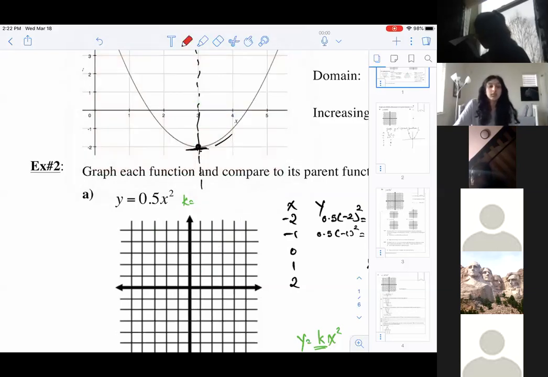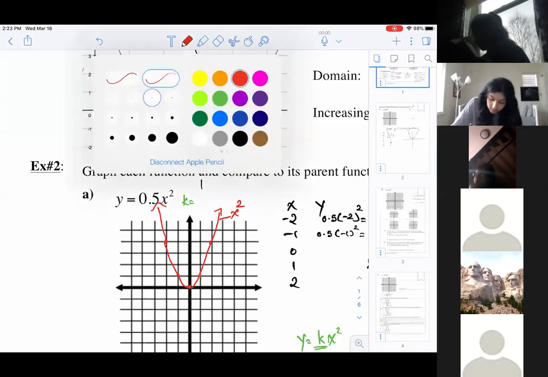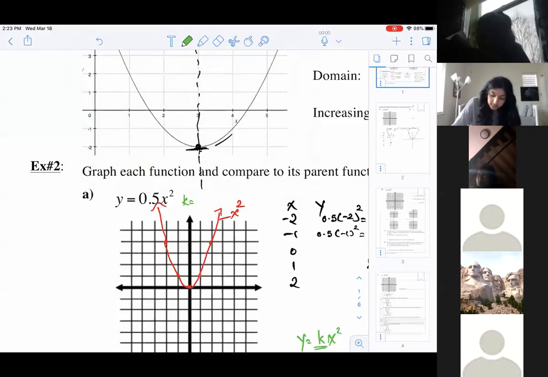The red one was my original one. This is -2. Then I used the green one for this one, where -2 is just 2.